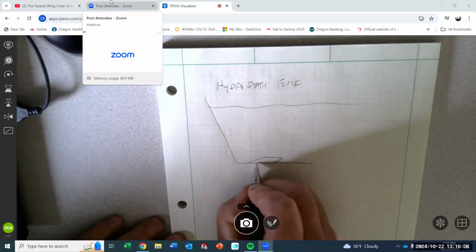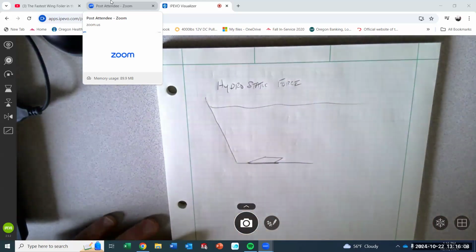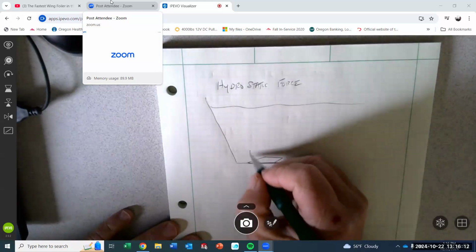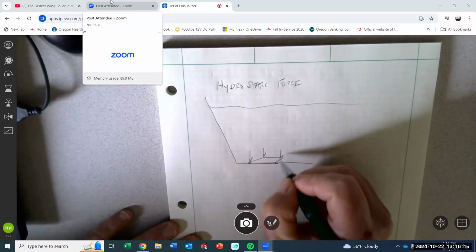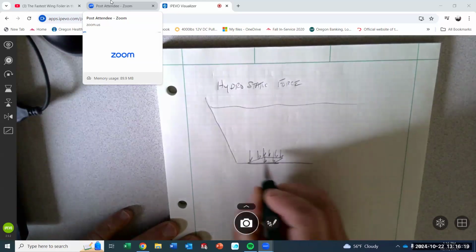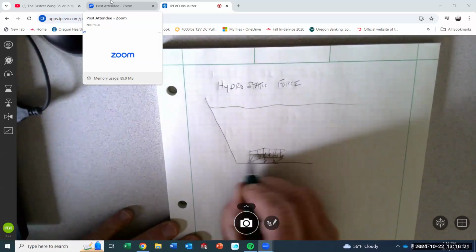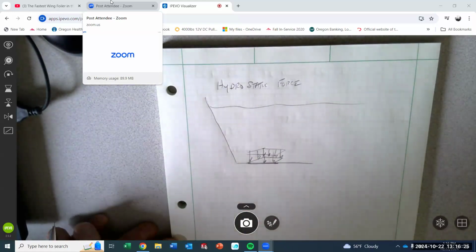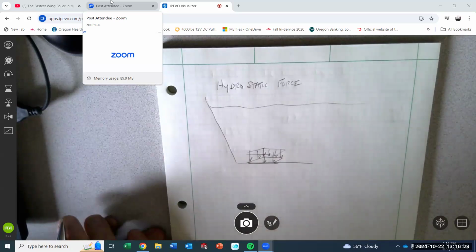I'll just draw it in a square hatch, and we want to know what the hydrostatic force is on that. How do we calculate that? We have to draw the load curve. Whatever you're trying to calculate, you have to draw the load curve. And that is a volume of load that is going to act over a surface. So a horizontal surface at the bottom is probably the easiest.